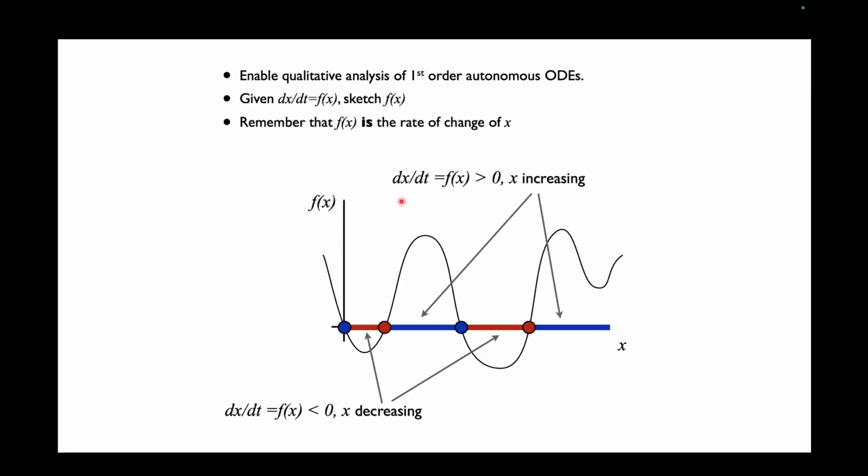You plot your dx/dt versus x and you check at each point where your dx/dt is 0. These are your points where dx/dt is 0, and then after that you check around these points whether your dx/dt is increasing or decreasing. Depending on that, you can tell the states to be stable steady states or unstable steady states.